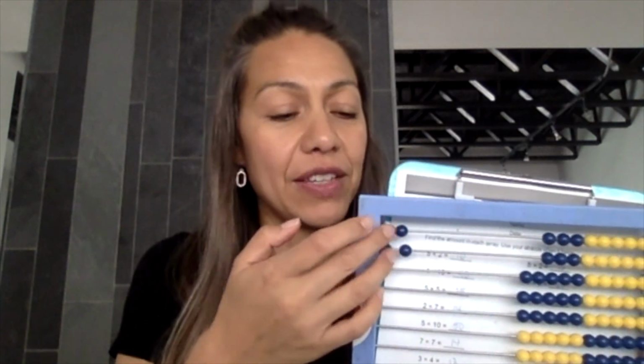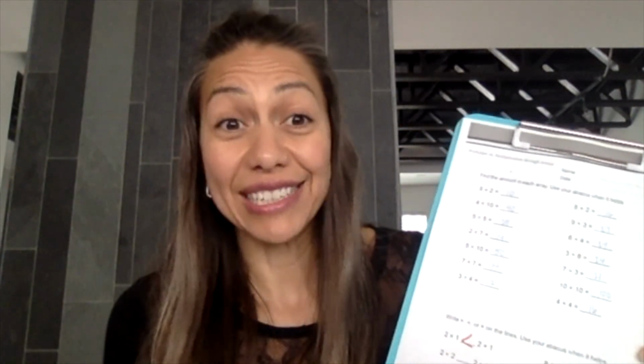Very good. So 2 multiplied by 2 is a product of 4. And the next one said 2 plus 2. So we're going to take 2 on our first row, and then we're going to add another 2. And our answer is 4. Now let's compare our multiplication with our addition.